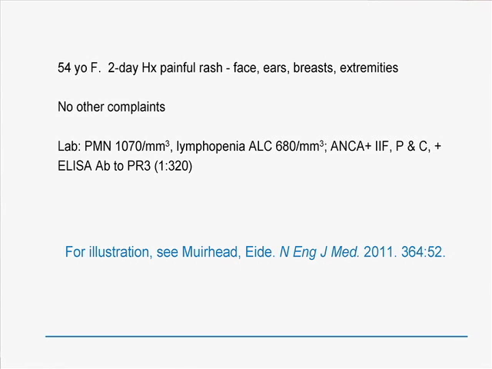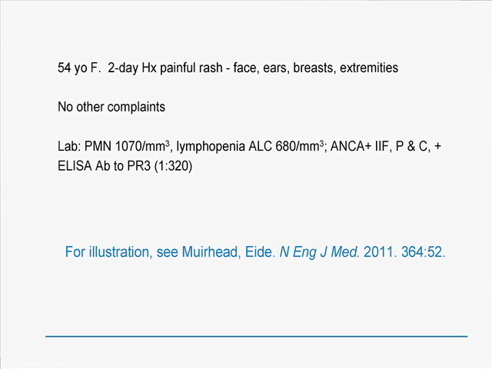So you get some lab tests, and you find that she's neutropenic, low white count, lymphopenic, and she has a bunch of antibodies. She even has positive ANCA by indirect immunofluorescence, showing both a perinuclear as well as a cytoplasmic pattern.